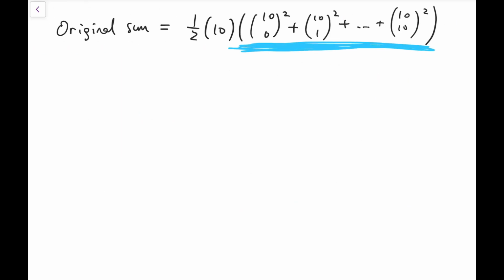Using the result that I previously quoted, I'm going to rewrite this as 5 times, but 5 is not part of the result, it's just 10 divided by 2, multiplied by 10 choose 0 times 10 choose 10, because 10 choose 0 is equal to 10 choose 10.